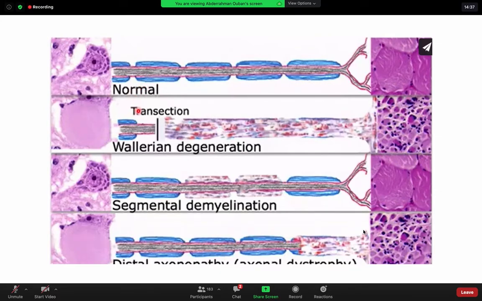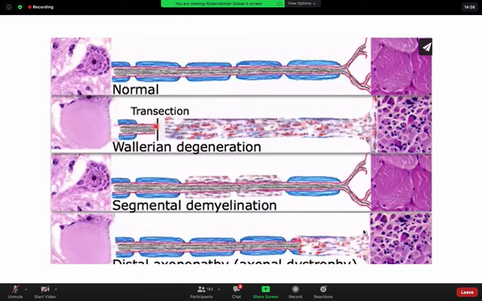Now, the second in from the top is a special form of reaction known as Wallerian degeneration. So Wallerian degeneration occurs when the axon is transected, as you can see here. Right?